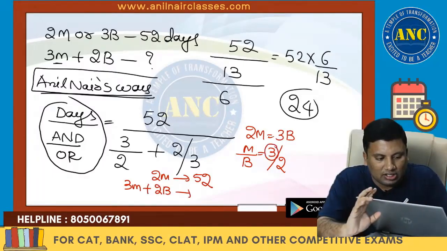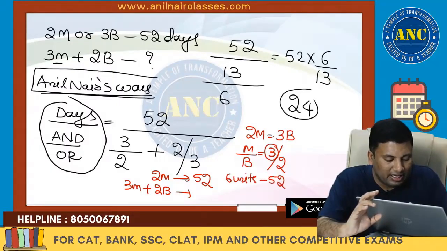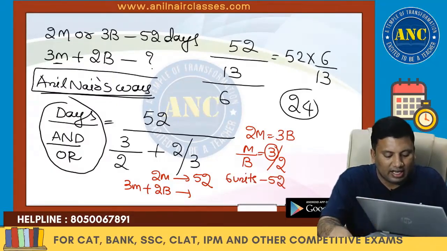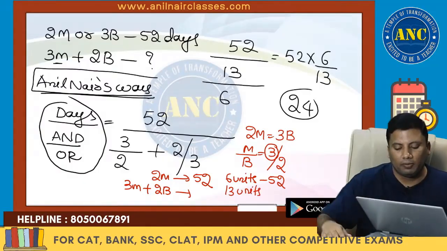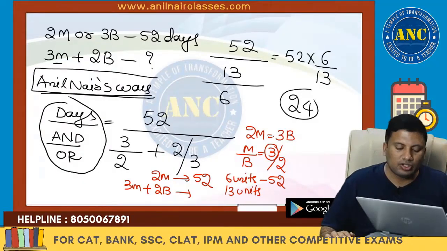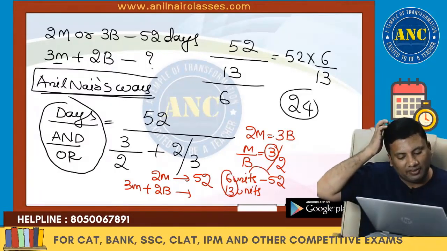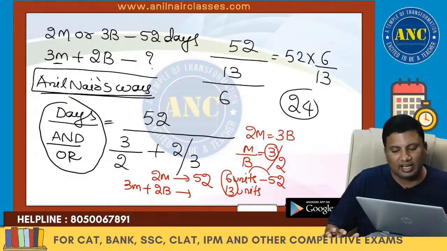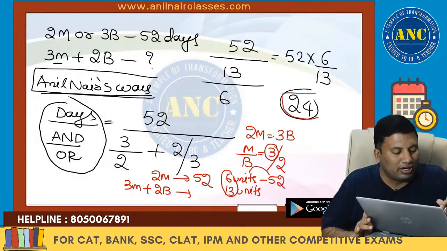If a man is doing 3 units, 2 3s are 6. 6 units, it takes 52 days. 3 3s are 9, 2 2s are 4. It will take how many days? 52 into 6 by 13. I hope that is what I tried in the previous case. I hope the logic is clear. Answer is directly 24. I hope you enjoyed.